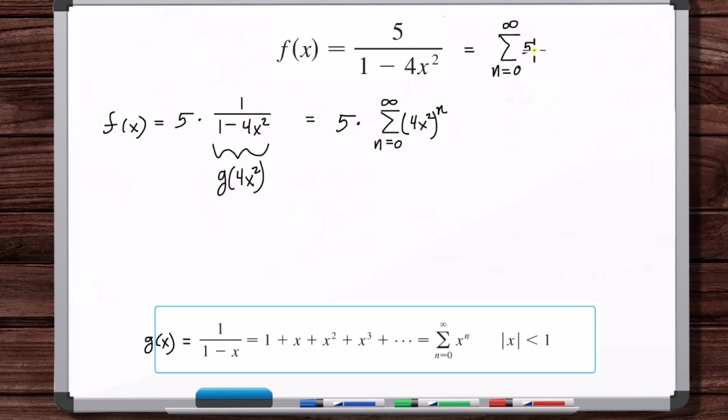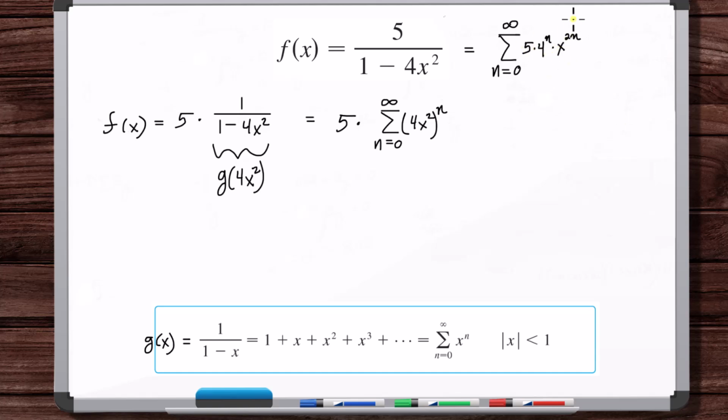So 5 times 4 to the n times x to the 2n. That is a power series representation of this function. That's pretty cool.